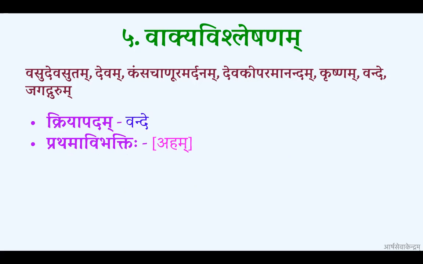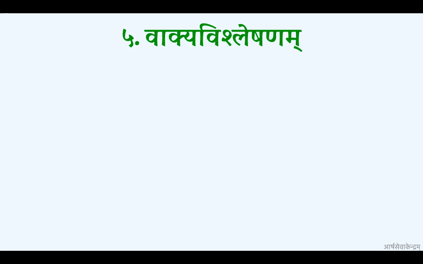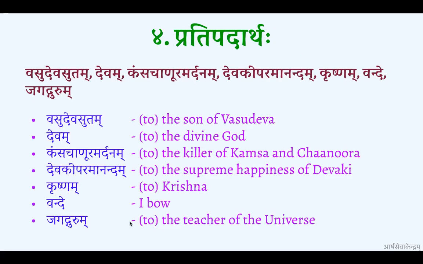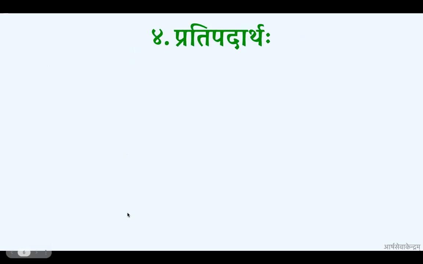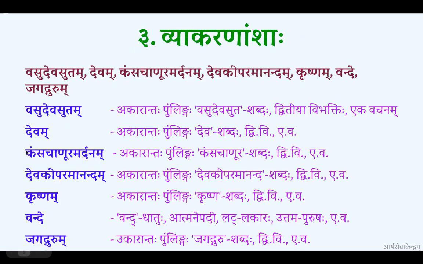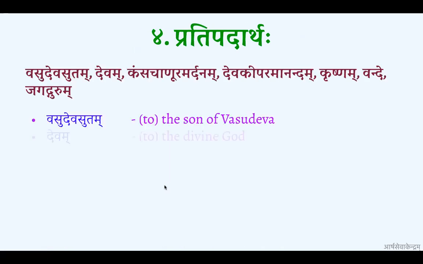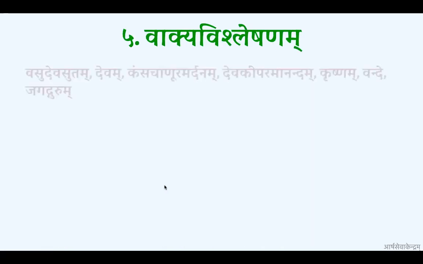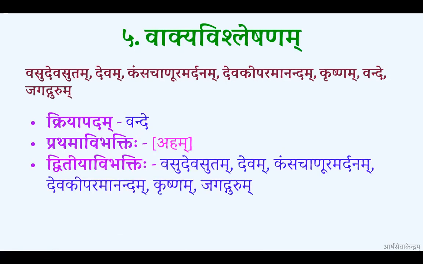Okay, one more thing. Before we start asking questions, because we have identified the vivaranam, the linga, vibhakti, vachana of each word, what will help is to group all of the words together.